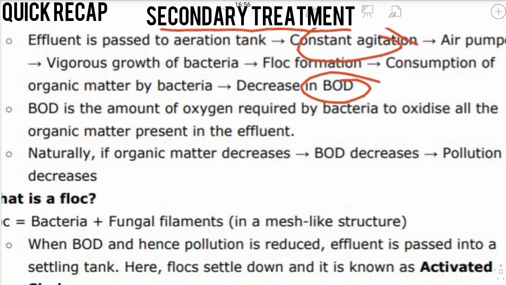Then the sewage is passed to the settling tank where the bacteria settle down, and it is mainly known as activated sludge. Some of the activated sludge is again passed into the aeration tank to serve as a starter, or inoculum, while the rest of it enters a large tank called the anaerobic sludge digester.